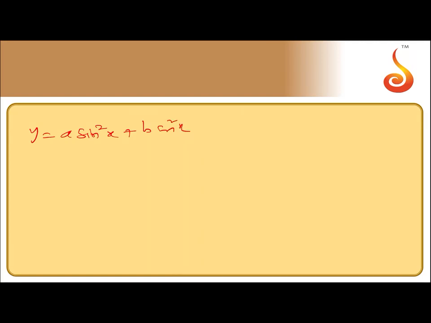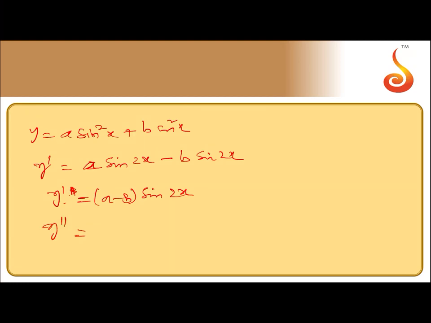The derivative of this one is equal to 2a sine x cos x, nothing but a multiplied by sine 2x, and 2b cos x times minus sine x means minus b sine 2x. So the derivative of the function is y dash equals a minus b into sine 2x. And let's find the second derivative here.